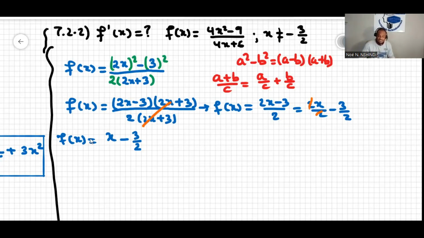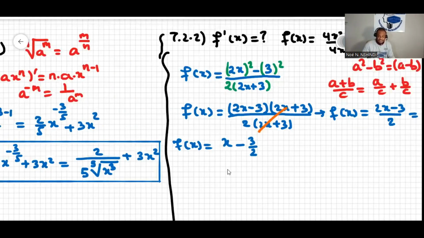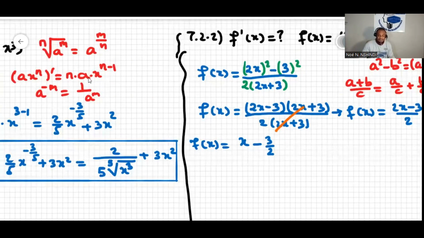Now we can differentiate this by using the law of differentiation that we stated here. Now I want to add one more rule. Another rule says that the derivative of any constant is just 0. So over here, note that the coefficient is just 1 and the exponent is 1. So a is 1, n is also 1.